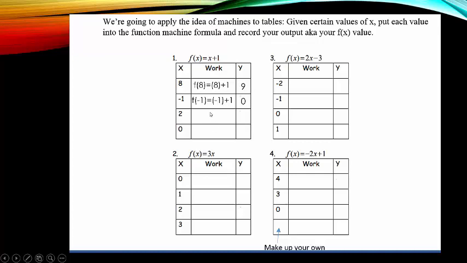So you're going to go through, and I want you to try tables 1 and 3 on your own. And as you're working, you'll see the answers appear in these tables and you can check your work. And if you are falling behind, feel free to pause the video and take as much time as you need.